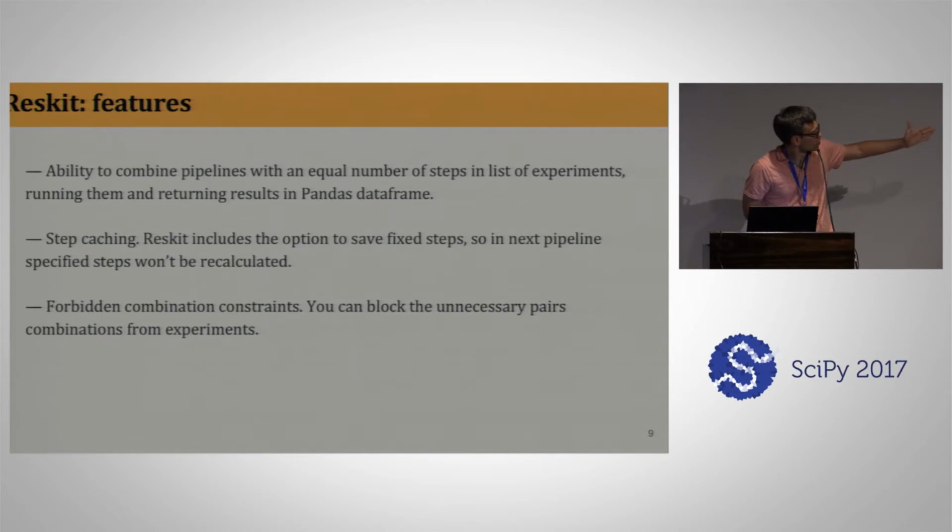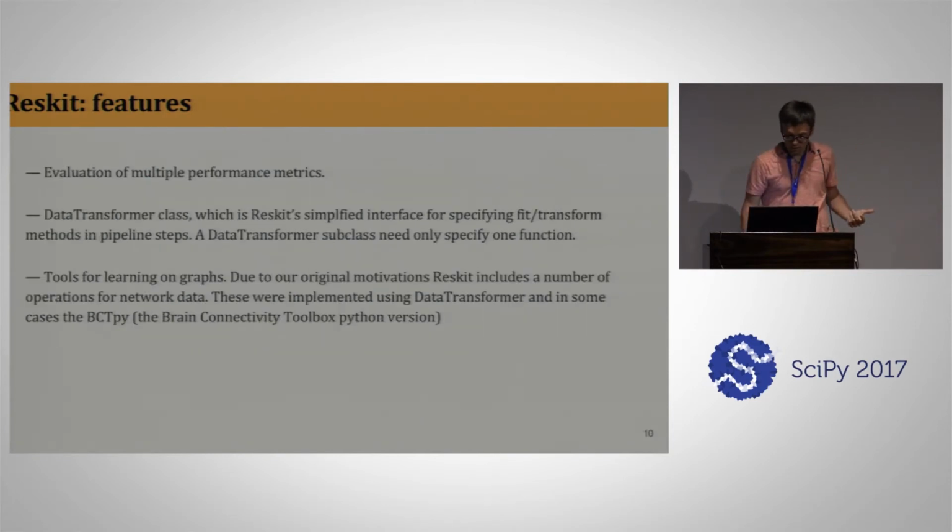Also, as I showed, it has forbidden combinations, which allows you not to do unnecessary calculations. Also, you can use multiple performance metrics. In my example, I provided area under a curve, but I could add to this list accuracy, precision, recall, or something else which is scikit-learn compatible.